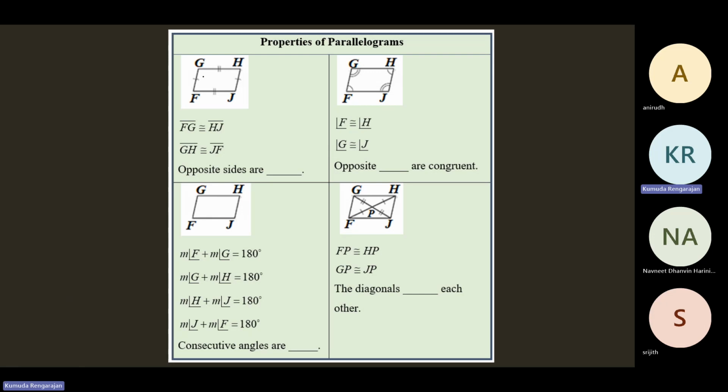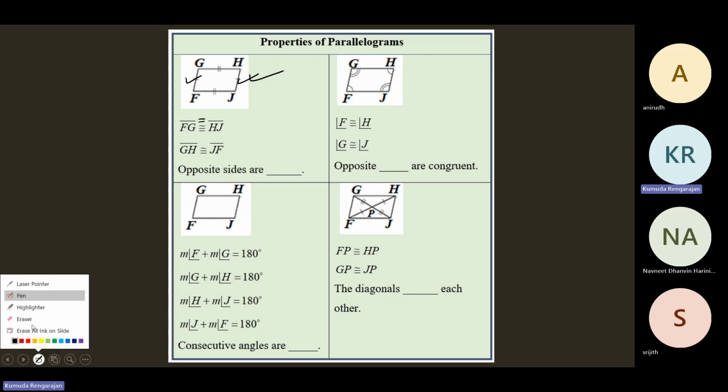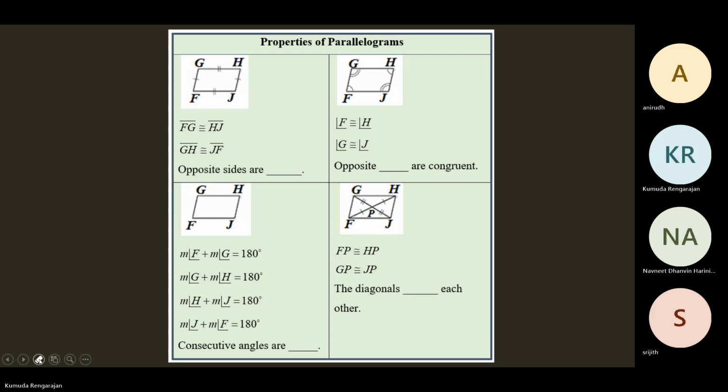So in this parallelogram, in this figure, FG is congruent to HJ. That means FG is equal to HJ, correct, because it's a parallelogram.